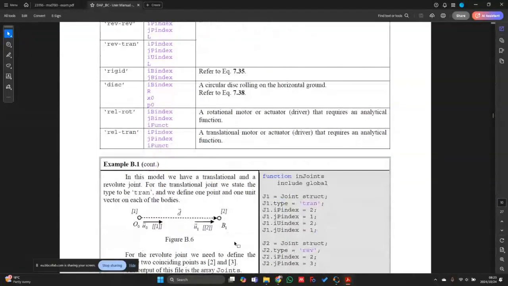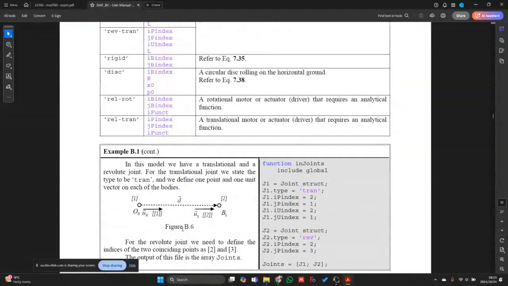Now, if I quickly check what the definition is in figure B6, if I have point 0 as my first point index, then I also need U0, which is defined on the same body. In this case, we can call it body 0. Then I also have B1, so that's the second point, and U1, both of them then defined on body 1.